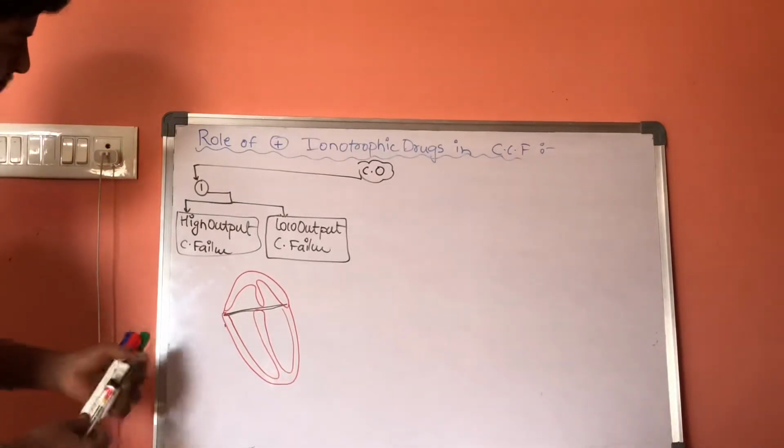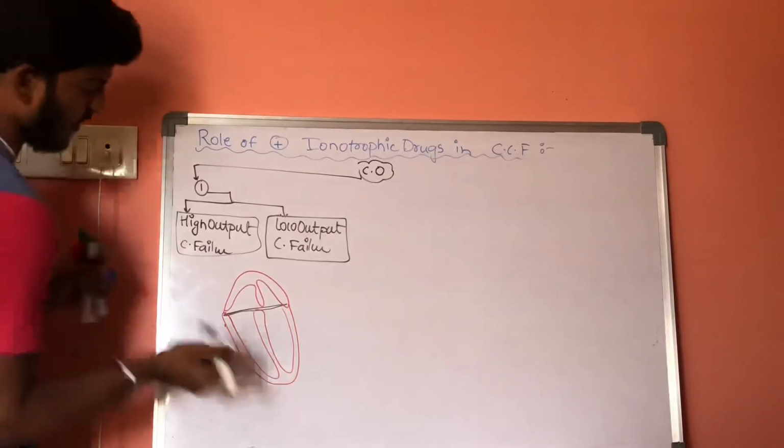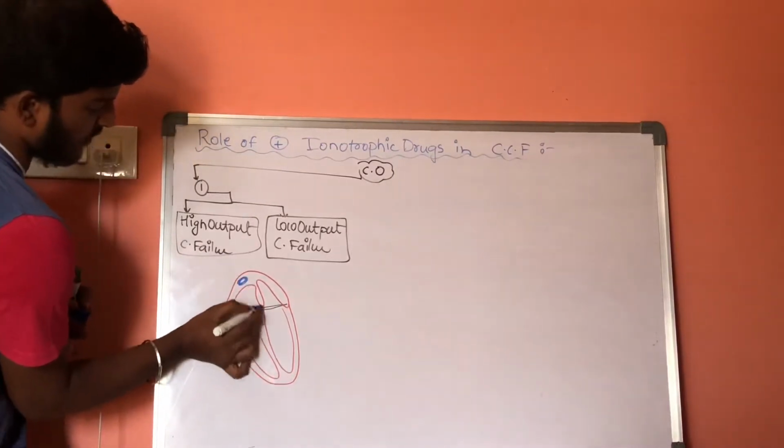Now, this is the SA node and this is the AV node.